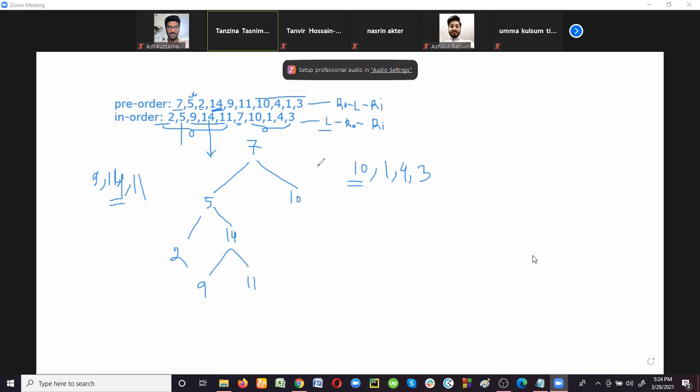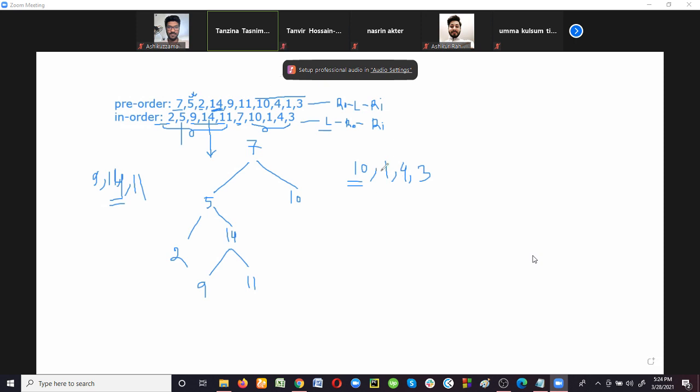So before 10, there are no other elements, which means that 10 doesn't have any left child. So 1, 4, 3, these 3 nodes can be placed in the right subtree, or as the right child of 10. But which one is actually the root node? Again, we have to find it from the pre-order traversal.